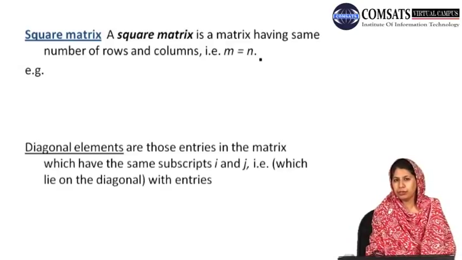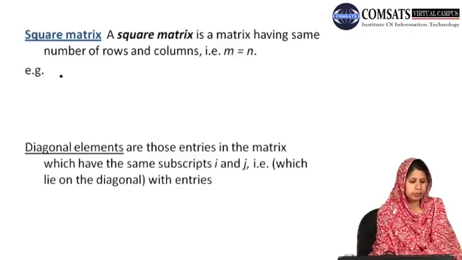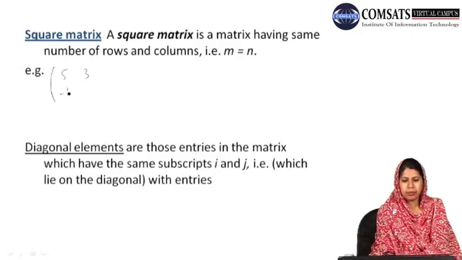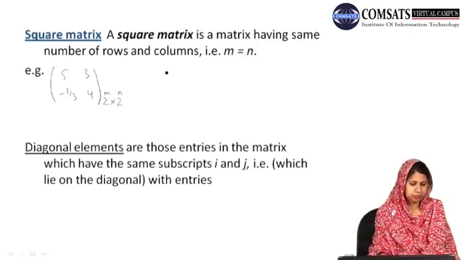Which means that the number of rows is the same as the number of columns. For example, if we have our matrix 5, 3, minus 1 by 3 and 4, how many rows do we have? 2 rows. And how many columns? 2 columns. So this is an example of a square matrix of order 2 by 2, that is, the number of rows is the same as the number of columns, which means m is equal to n here.